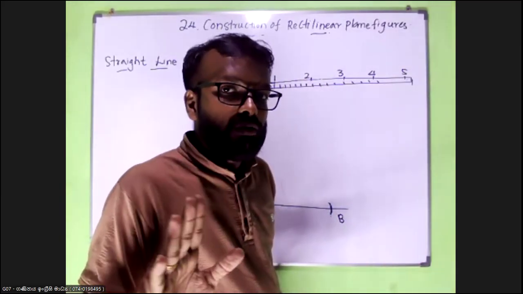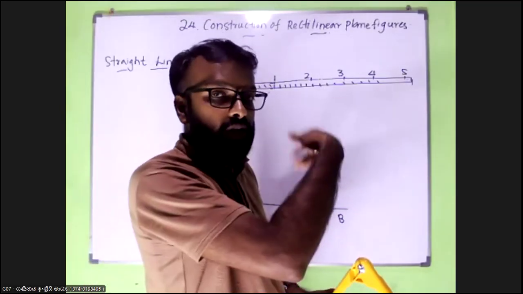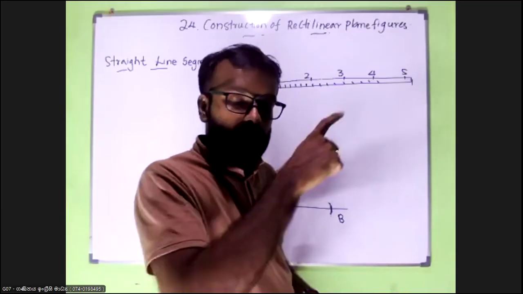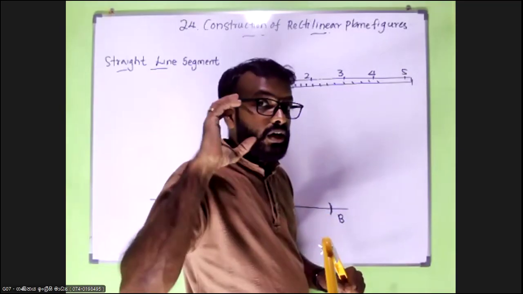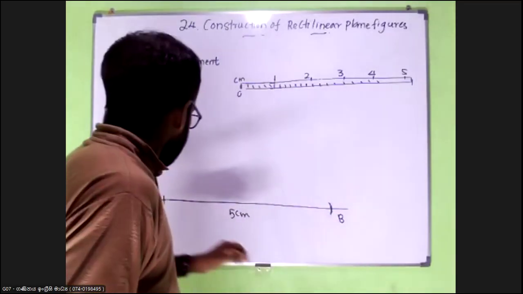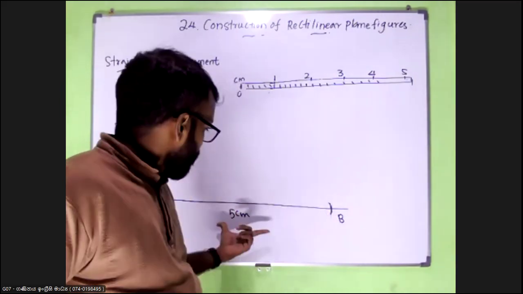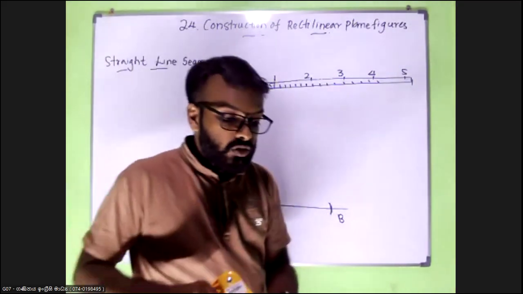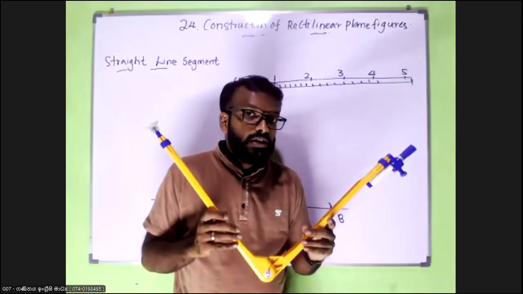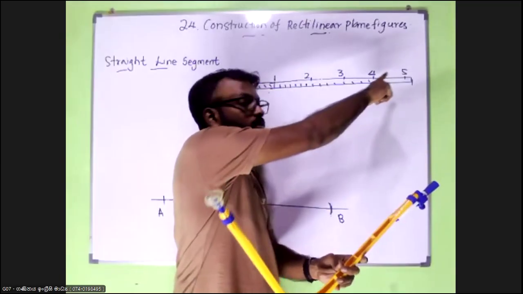You don't actually need to use rulers to draw the rest, but when you are joining the sides, you have to use the ruler. Now you need to watch carefully. This is my point A and this is my point B. Between these two points you have 5 centimeters in length, and your compass is also 5 centimeters in length.